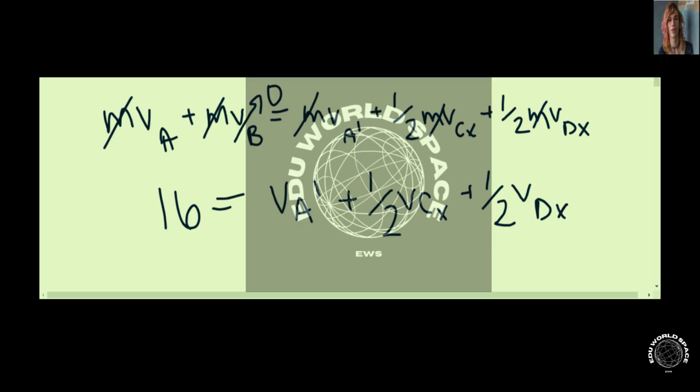Now, it's important to remember that the momentum principle is applicable in this instance in the x direction. So we want to make sure that each velocity that we're representing in the equation is in the x direction, which is why I denote C and D velocities with an x.